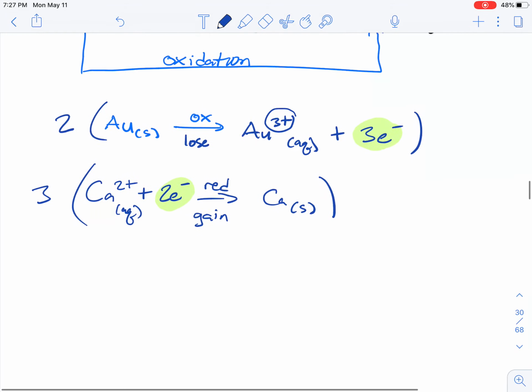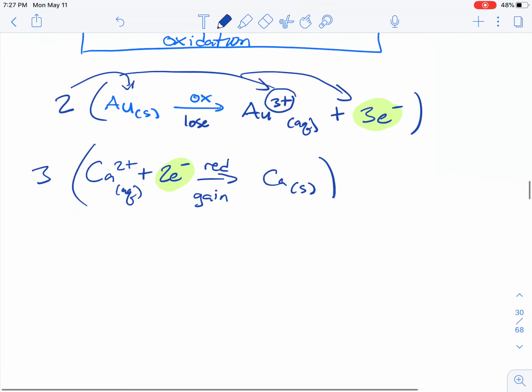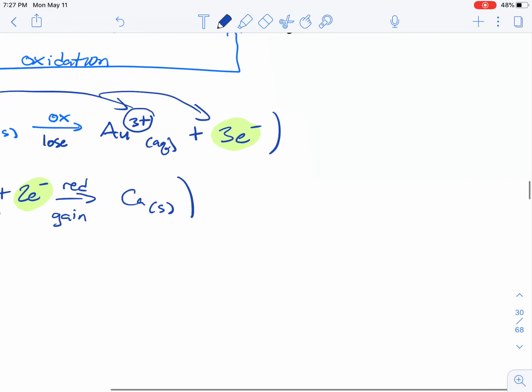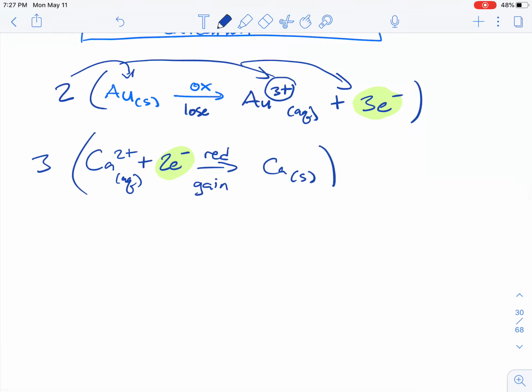When we multiply this, we have to distribute to everything. So what we get at the top is 2 Au solid to produce 2 Au, or Au is gold actually.